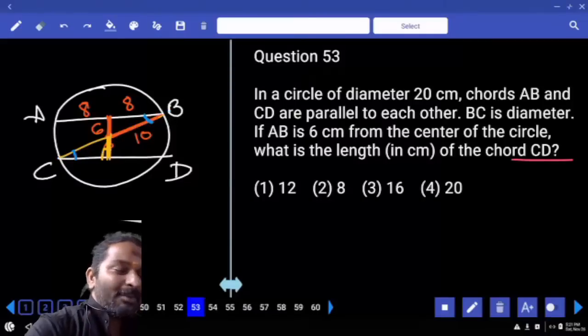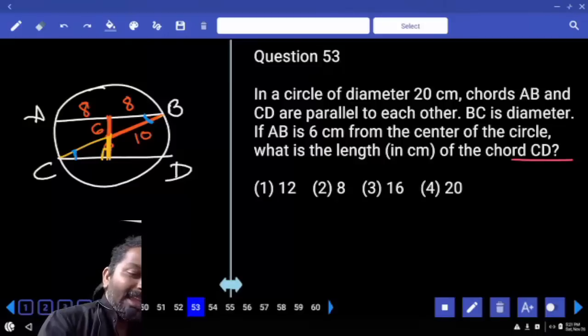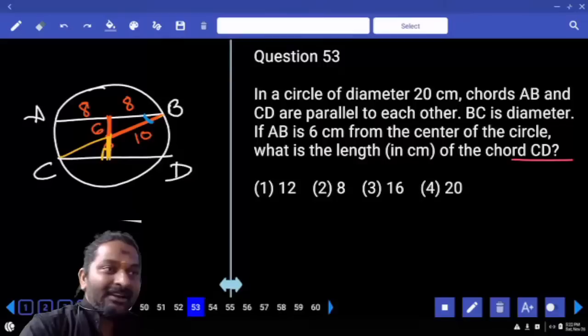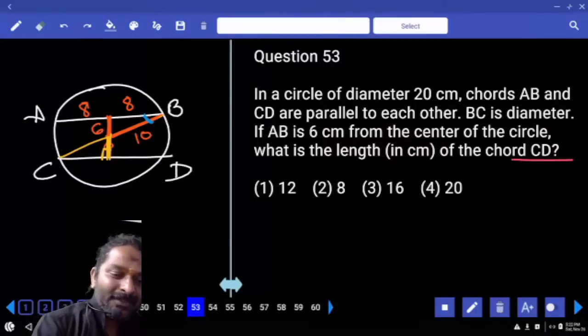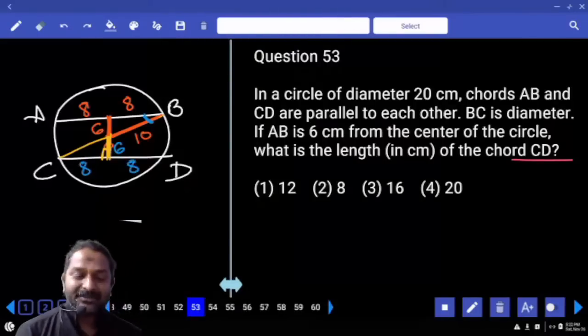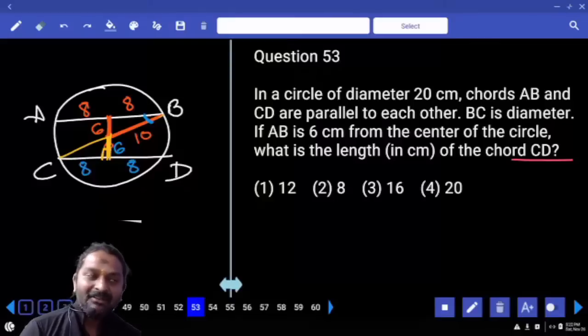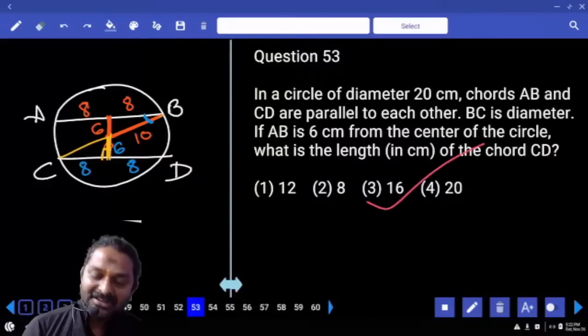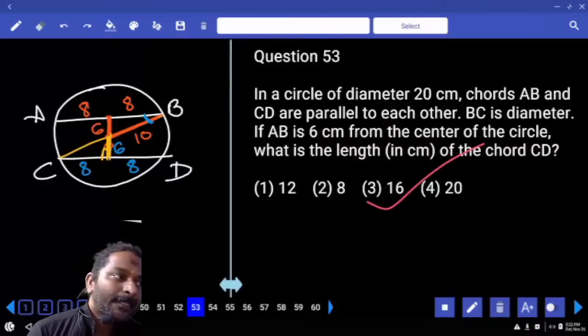So OC and OB both are equal. Angle at C and angle at B both are equal. And here it is making 90 degrees and here also it is making 90 degrees. Then two angles are the same and one side is the same. Then remaining sides also must be the same, right? Then here it is 8, 6 and then 8 and 8. Length of CD is equal to 16. Whether we are asked to calculate AB length or CD length, whatever it is, answer is 16. Clear?